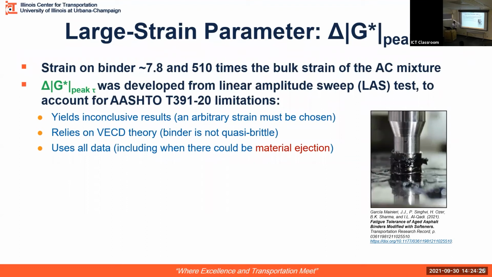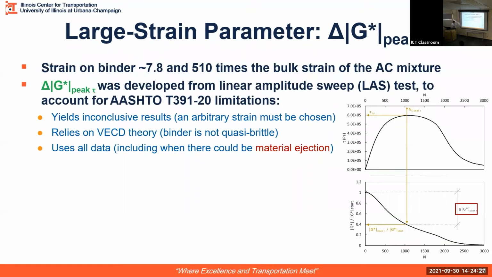The parameter basically represents the change in the shear modulus of the binder at the peak shear stress. So it is the capacity of a binder to sustain load until it reaches the peak shear stress, and how much it loses is what delta G star peak represents.